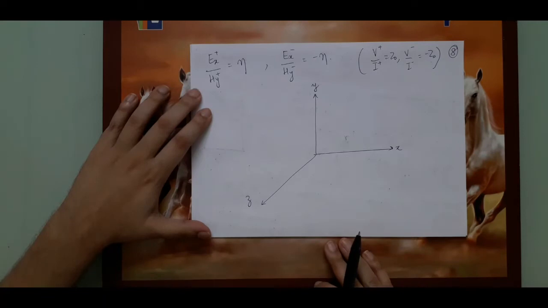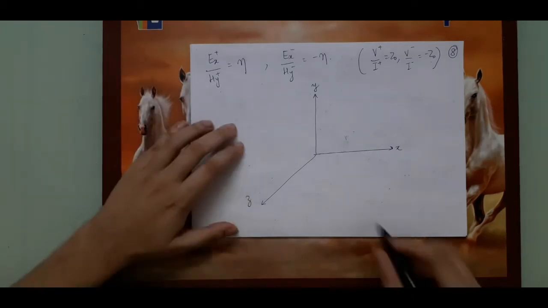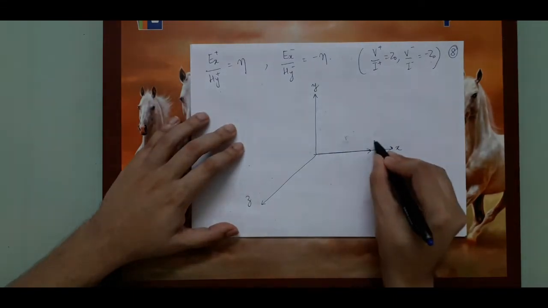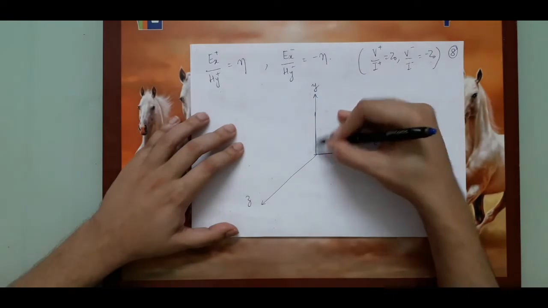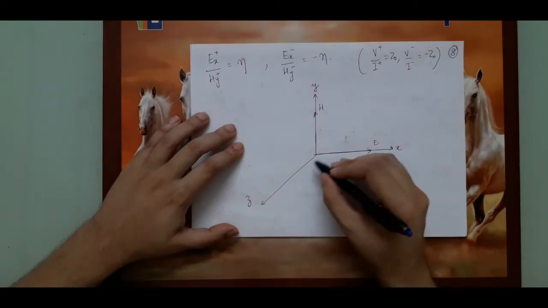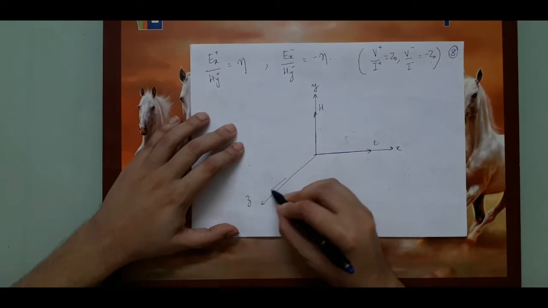But in general, this need not always be the case. The definition of our axis can be anywhere. Now let us say, for example, my electric field is existing over here and the magnetic field is existing over here. So now we saw that one possible direction of propagation is over here.